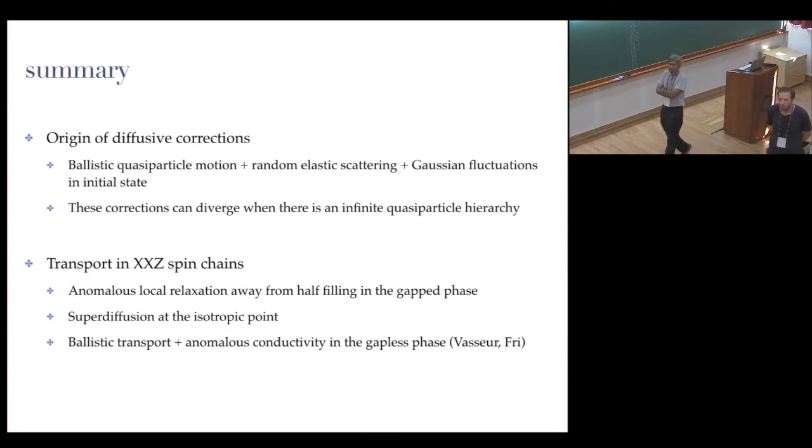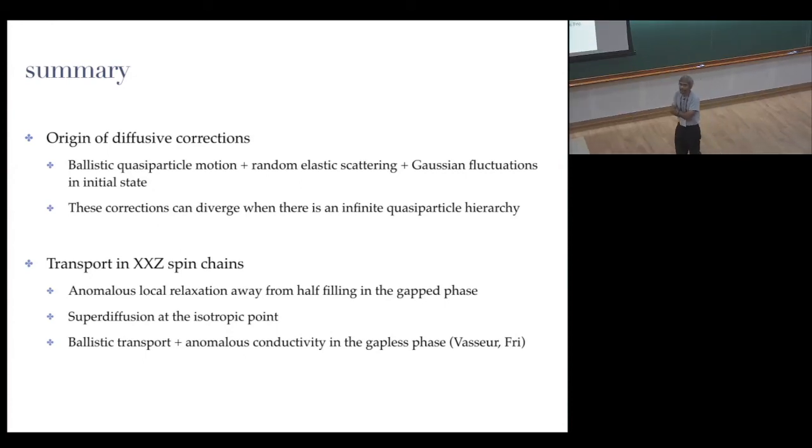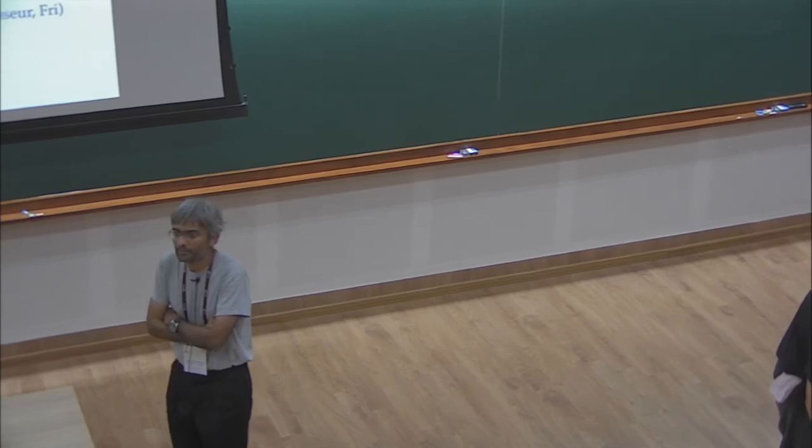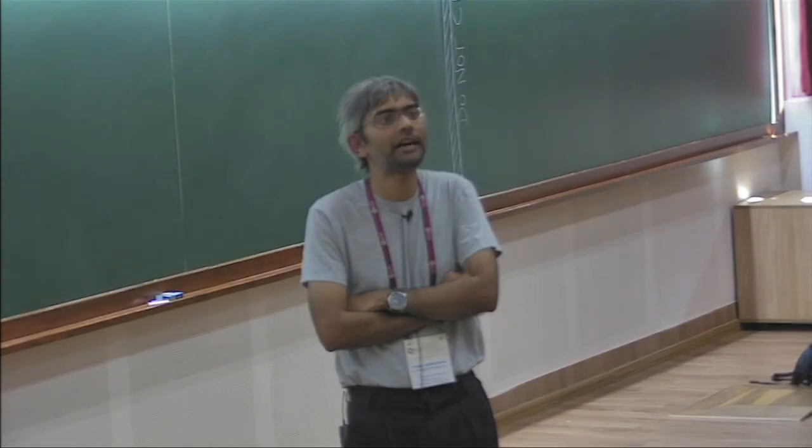So can you summarize what's the origin of the anomalous exponent, delta bigger than 1? I mean, is there some generic principle? Yeah, I think so. The generic principle is basically when you have an infinite quasi-particle hierarchy, you are summing up an infinite number of contributions to some transport coefficient, and when that sum is under very general conditions likely to diverge in one way or another, you're going to have something anomalous happen, and this is, I think, completely generic.